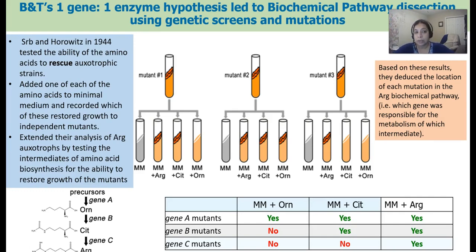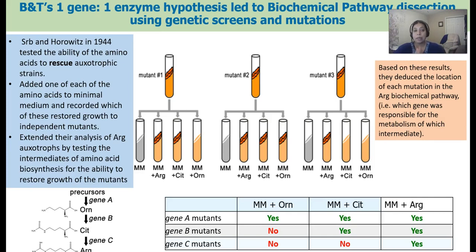So Srb and Horowitz a few years later tested the ability of amino acids to rescue different types of auxotrophic strains. Starting off again with that arginine mutant that we were looking at earlier, they added one of each of the amino acids to the minimal media, just like we talked about before, and recorded if it was able to restore the growth or not.